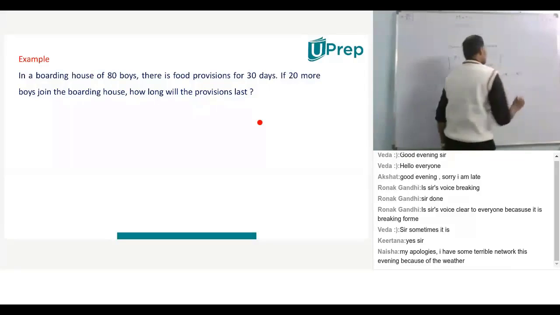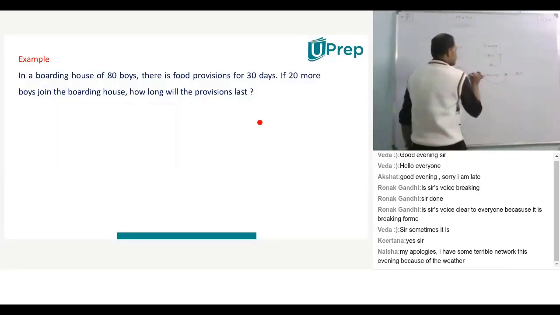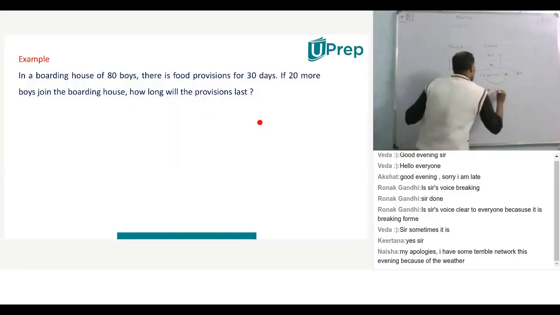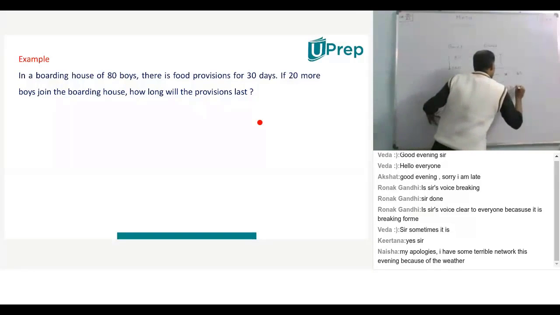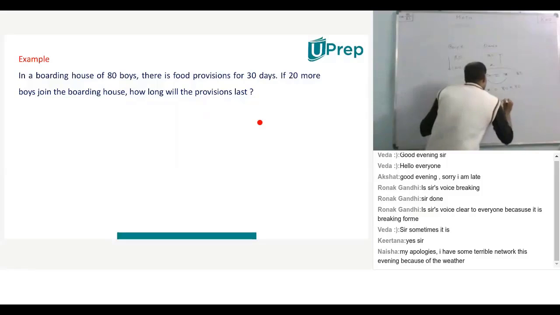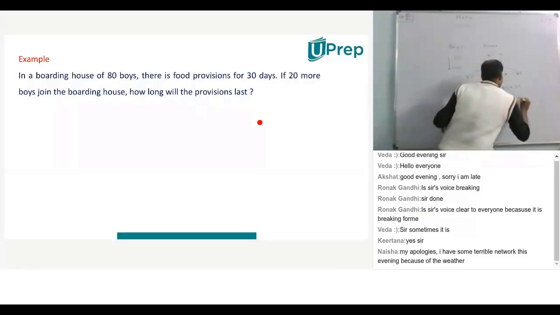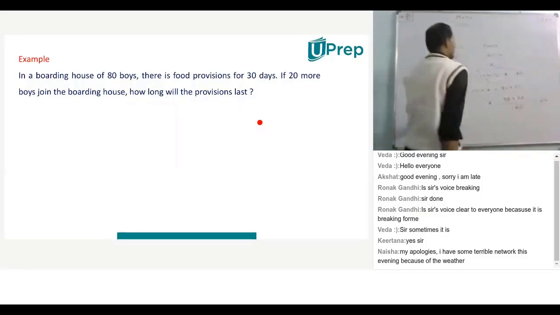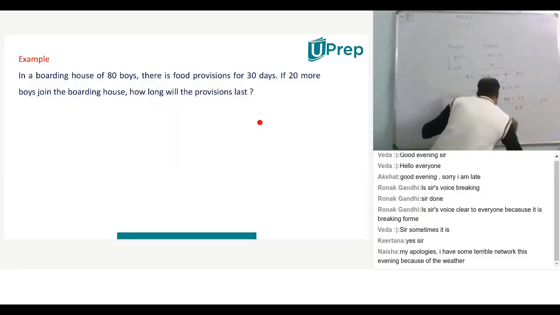Now product of means is equal to product of extremes. So 100 into X is equal to 80 into 30. So X is equal to 80 into 30 upon 100. So X is equal to 24.